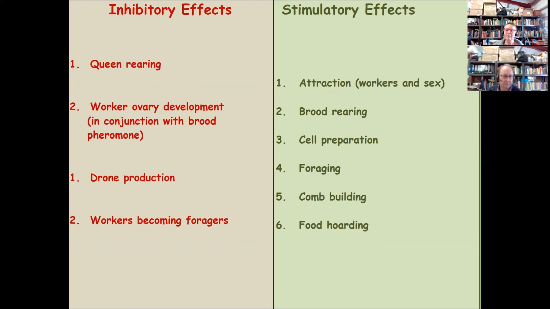So all of the time, there is an instinct, an innate desire in the hive, like a default activity, if you like, to be rearing a new queen. If the queen did accidentally get killed, this would kick in and it would save the colony. But her queen substance suppresses that instinct. So as long as the queen is there and she's giving out a sufficient amount of pheromones, they won't raise a new queen.